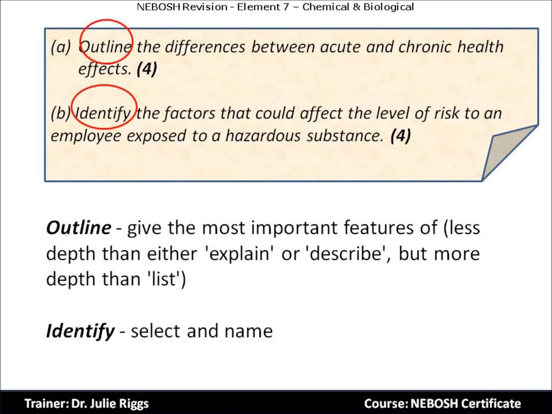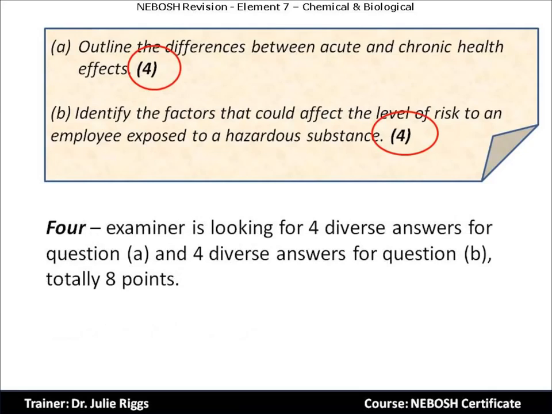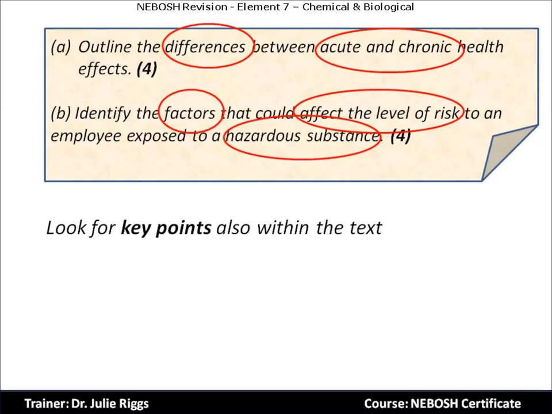We can also see that the examiner is looking for 4 diverse answers for question A and 4 diverse answers for question B. And when we use the word diverse, we mean try not to be too repetitive. Remember that you're trying to show your breadth of answer here. Then look for any other key points also within the text.